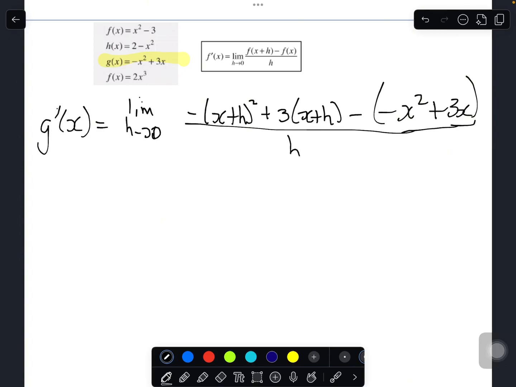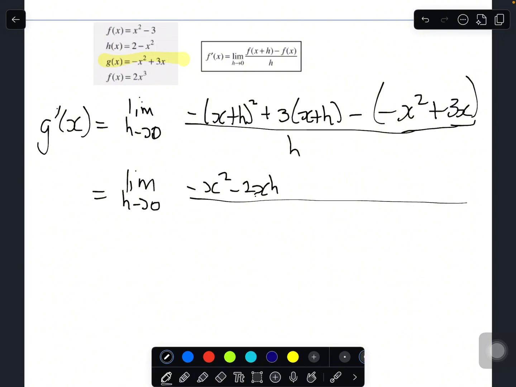all over h. That will then give me the limit as h approaches 0, and I'm going to have negative x squared minus 2xh. You guys can multiply this out, and you will get this answer if you aren't familiar with the shorter method.